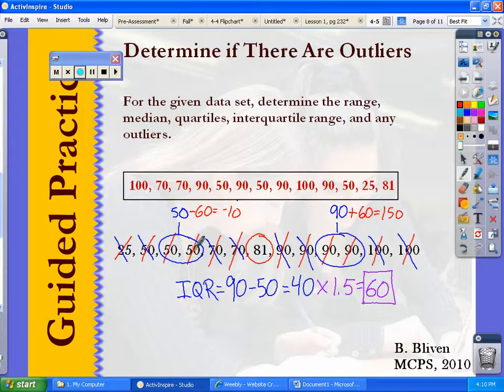On the opposite end, I'm going to use my negative 10 to determine if there's an outlier on the lower end. If there are any numbers equal to or less than negative 10, then I'll have an outlier. Again, examining my data, I can see my lowest number is 25, which is not lower than negative 10. My highest number is 100, which is not greater than 150. Therefore, I have no outliers.